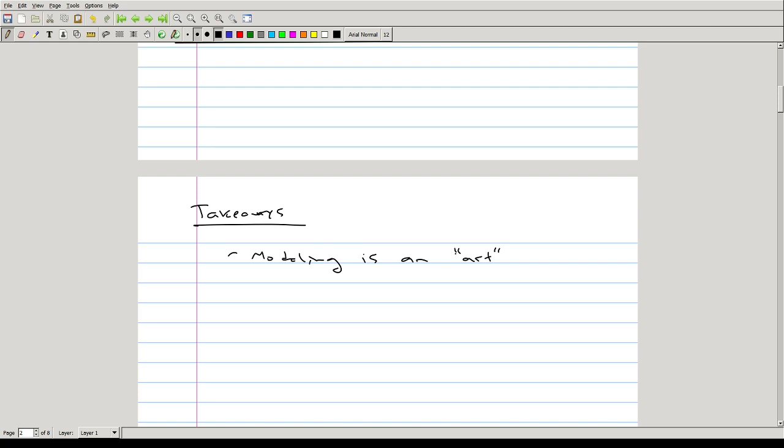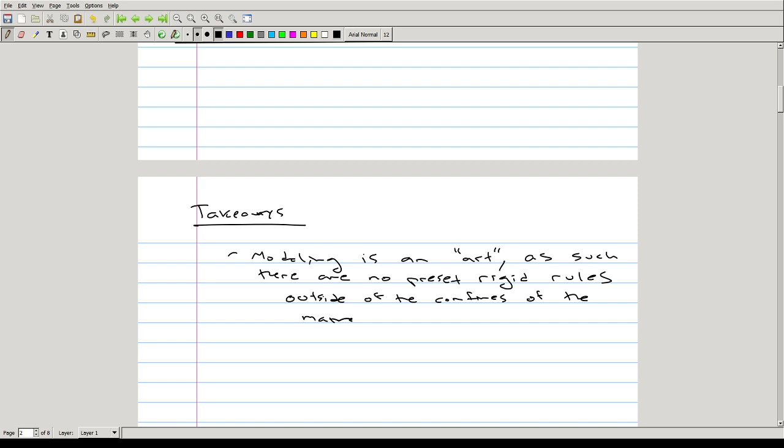And what that means is that there are no rigid rules, outside of the confines of the mathematical theory, and we could also say physical theory here as well, that you are using to describe the system.